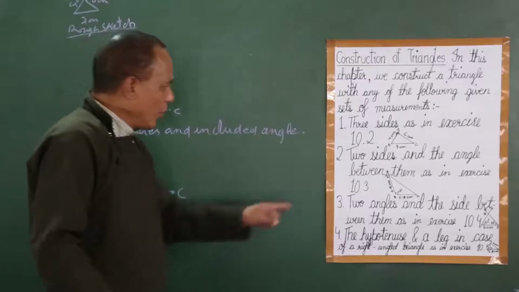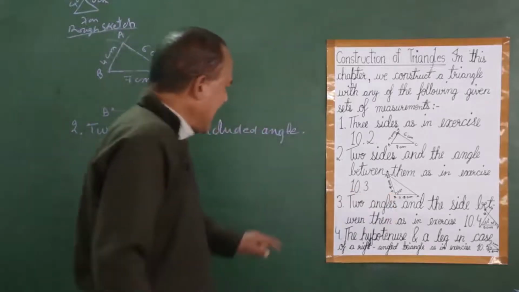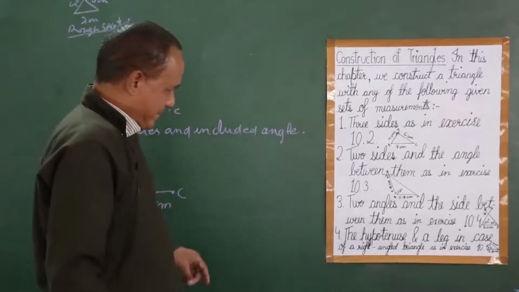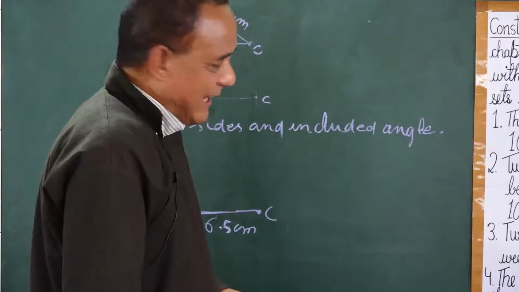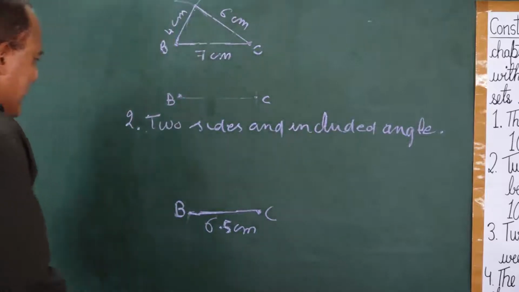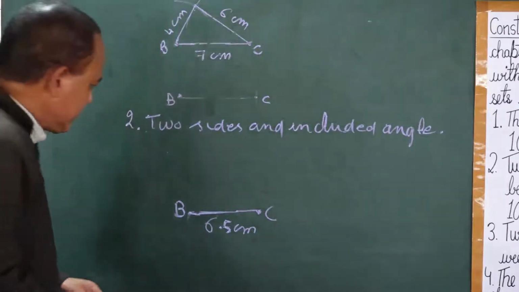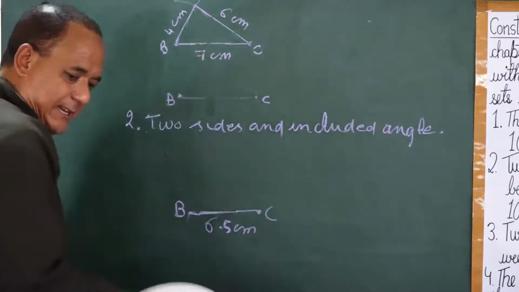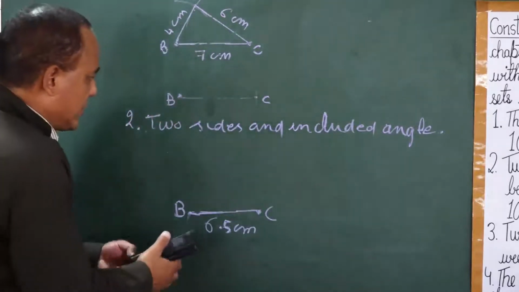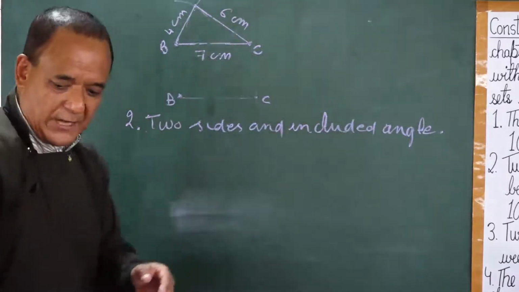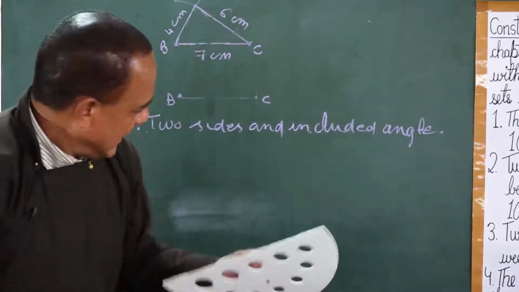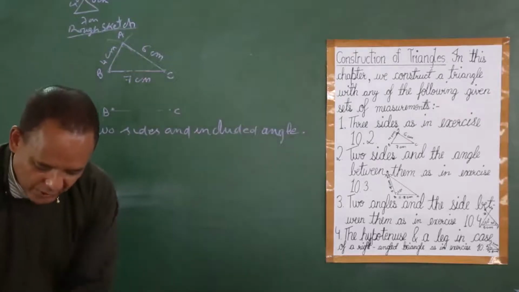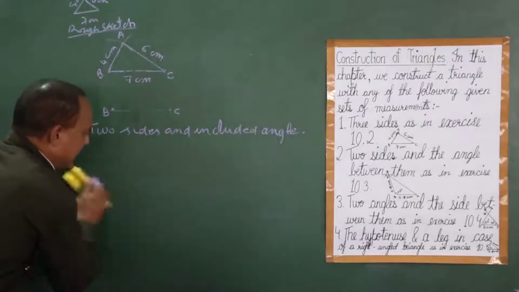Now we have to look for the angle. Angle at B, we have to look for the angle at B. What is the angle at B? I think I have to go a little down, because this protractor is too big for the board, so I have to go down and I will make it again here.